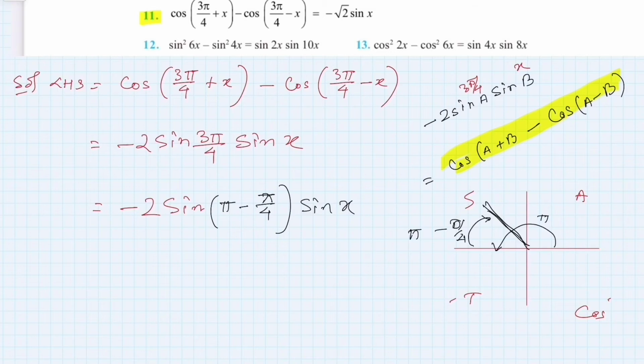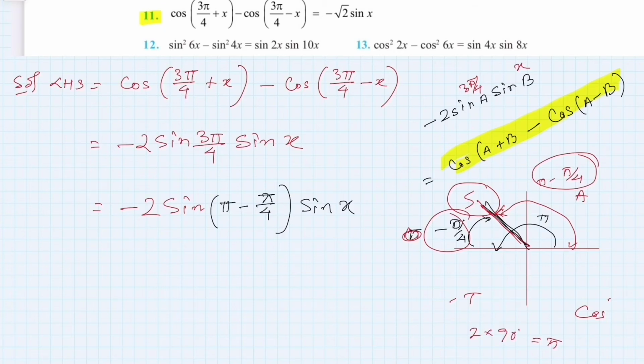So this angle is pi minus pi by 4, after subtracting pi by 4 from pi. Here you see it is lying in the second quadrant where sine is positive, and pi is an even multiple of 90, 2 times 90, 180, 180 means pi. So that's why sine remains sine, and as the angle is in the second quadrant, sine remains positive. So minus 2 into sine pi by 4 into sine x.